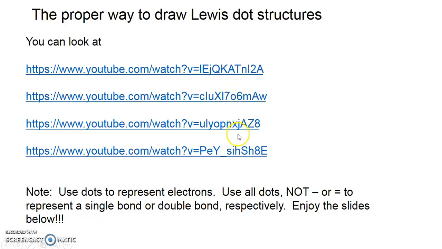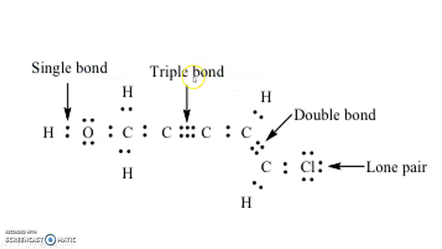They are listed. When you draw a Lewis dot structure, you must use dots to represent electrons. Use all dots, not a single bond or double bond, which of course you don't do that. You have to use the dots. That's why it's called the Lewis dot structures. Please be very careful in the future.